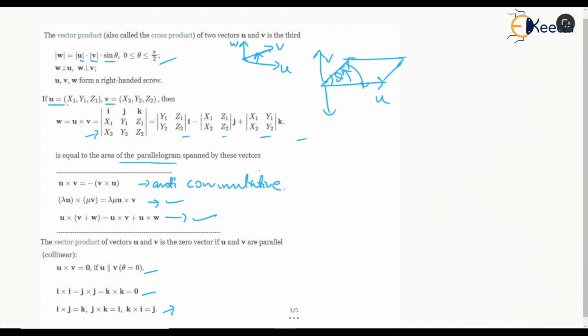Other than that, if the cross product is 0, then either the magnitude is 0 or the angle is 0.